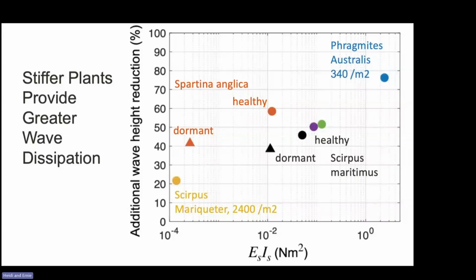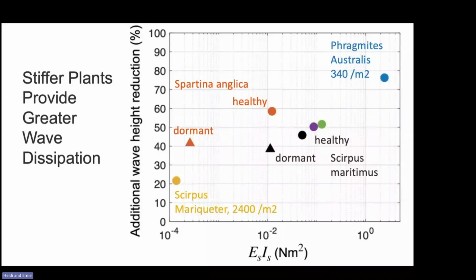And this is despite the fact that it grows at the smallest area density, 340 plants per meter squared. In many regions, including the US, Phragmites is considered invasive, and it's often undesirable for ecological reasons as it outcompetes native species, but its wave attenuation performance may make it desirable at some sites.